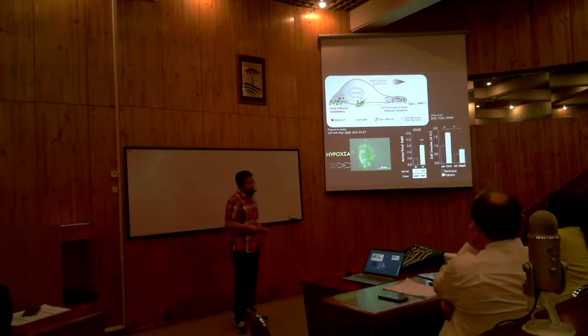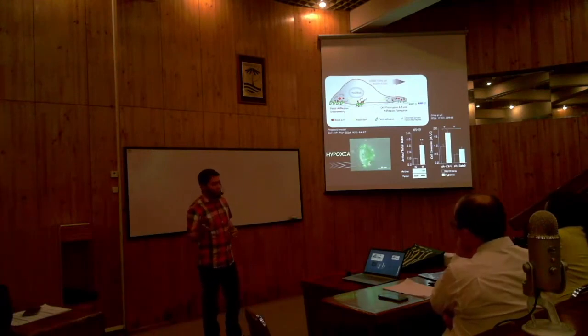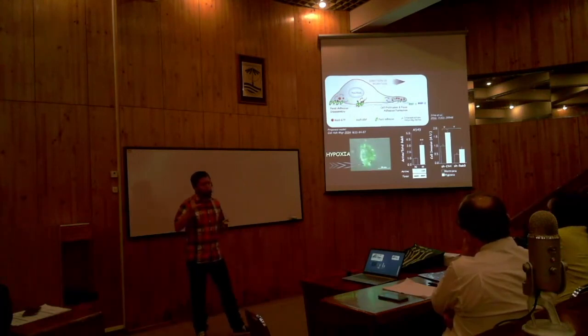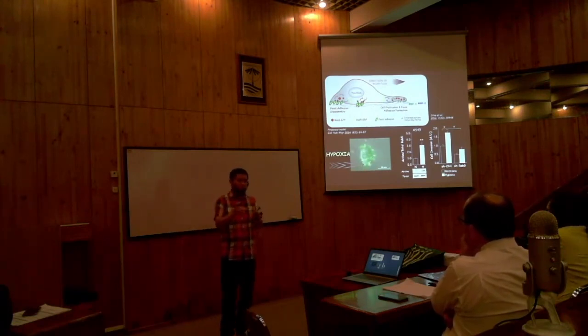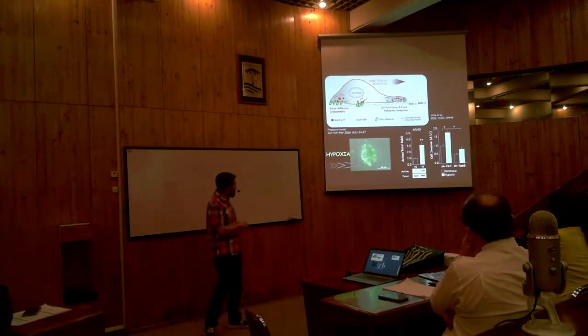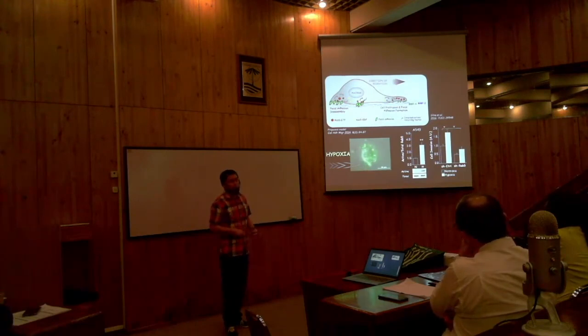Here's the first data in lung carcinoma cells, but we also found this in breast cancer cells and melanoma and other tumor cell models. The hypoxia model is taking your plates and putting them inside a chamber that is under controlled conditions of oxygenation. This is 1% oxygen levels, and in these hypoxic conditions we have this activation of Rab5.